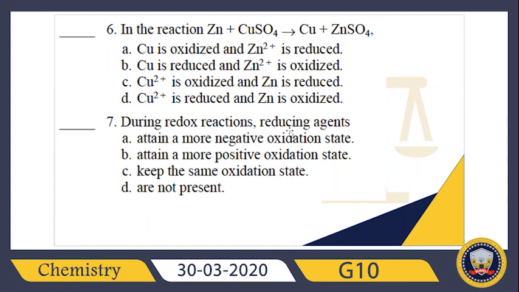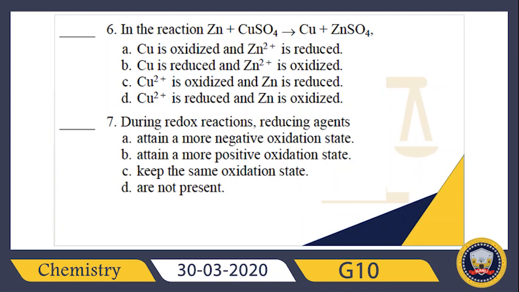So the answer is B, attain a more positive oxidation state. The element or the compound will have a more positive oxidation state. It has transferred from 0 to plus 2, or the oxidation number has increased. So this is what a reducing agent is. An oxidation process happened on it. So 7, the answer is B.